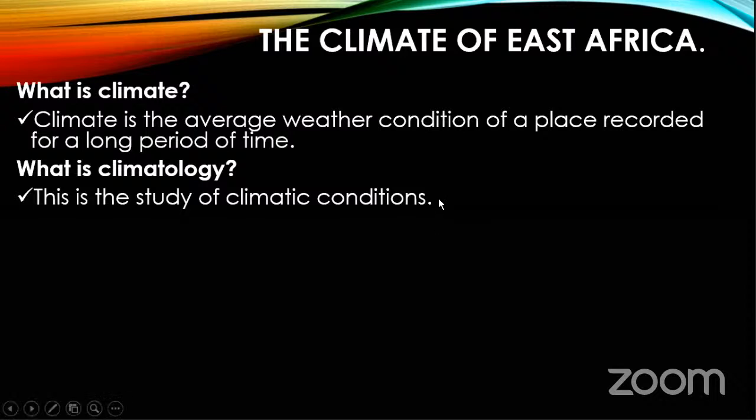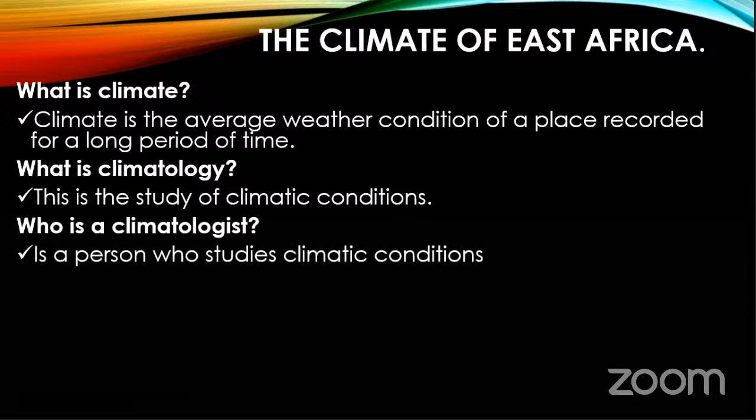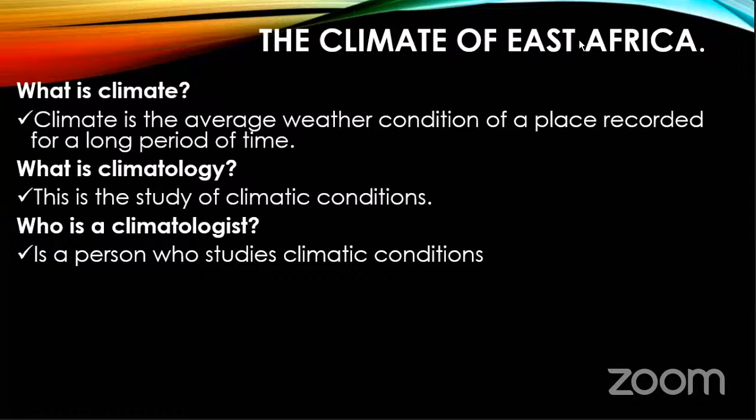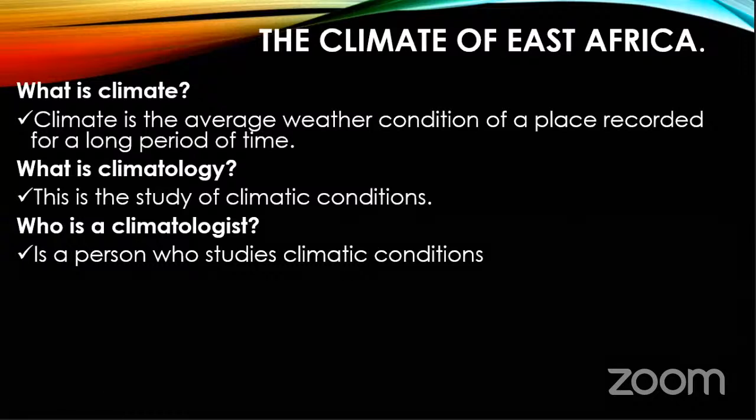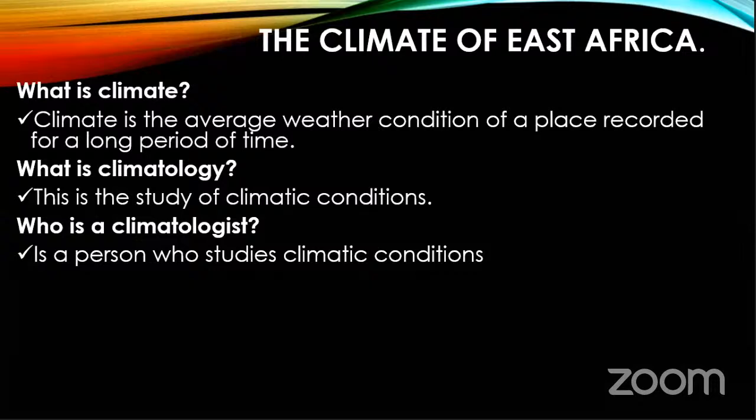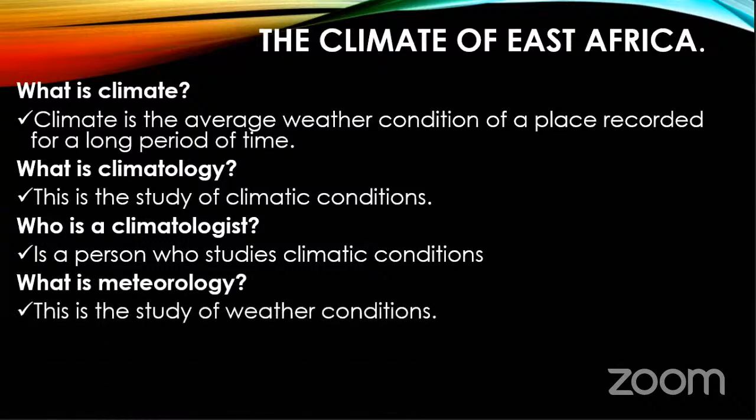What about who is a climatologist? Definitely is a person who studies climatic conditions. A person who studies climatology is called a climatologist. A climatologist studies climatology. Climatology is the study of climatic conditions. So then we have the meteorologist. Meteorology is the study of weather conditions. That one you have studied throughout primary 4, primary 5, and all that.